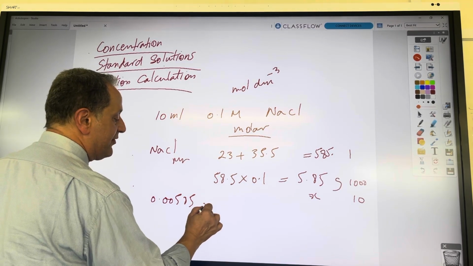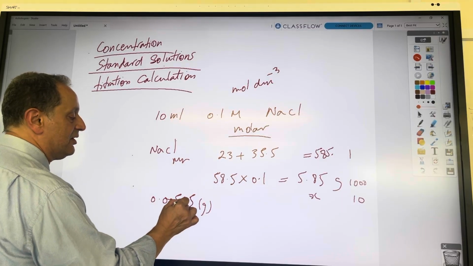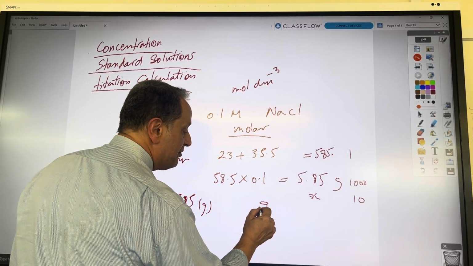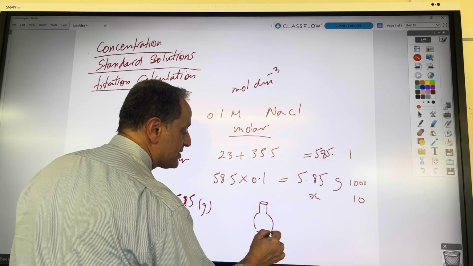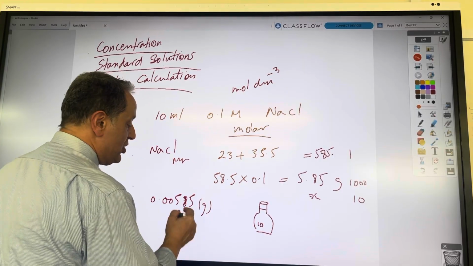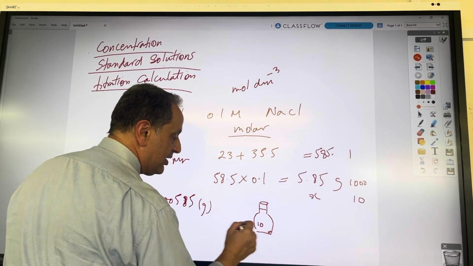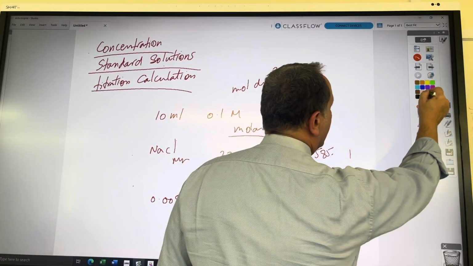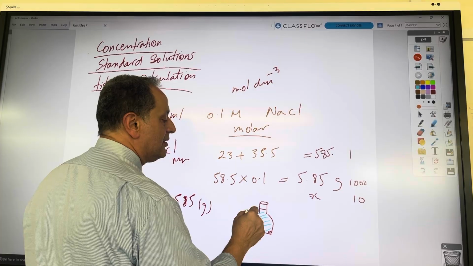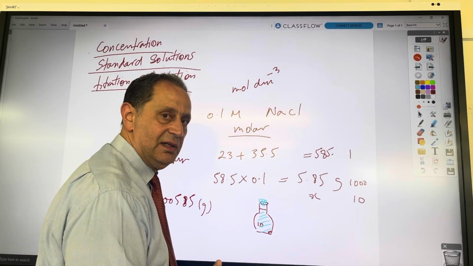So you have to find yourself a very accurate balance, and then find yourself a 10 milliliter volumetric flask, where it says 10 milliliter and there is a line up there. You put your solute in there, and then you fill it up with distilled water. You put the lid on, you shake it, and there you are, 10 milliliters.